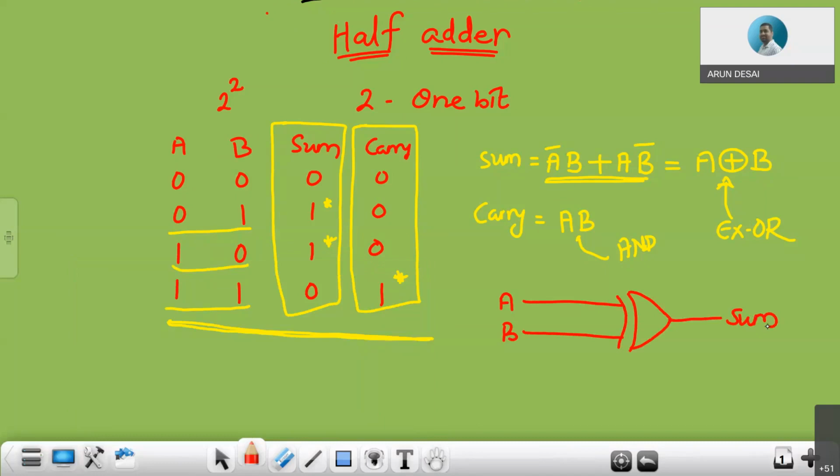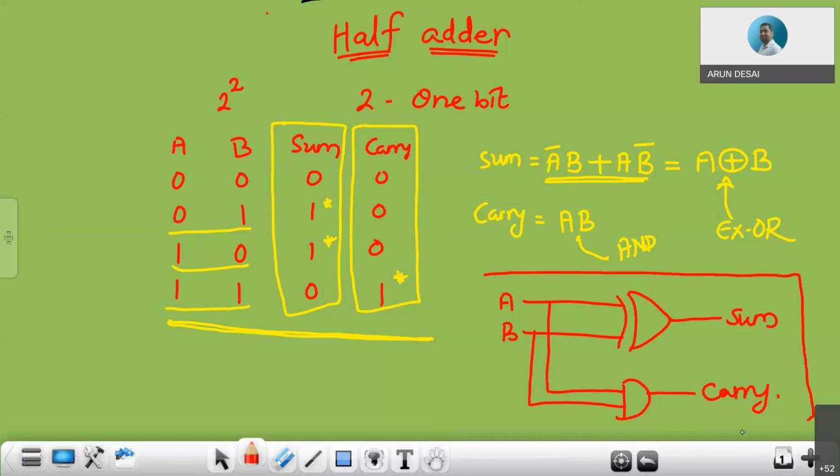And for carry, obviously A and B is given to AND gate. If both the inputs are 1, in that case, carry is generated. So this is how we can design a circuit by using truth table and expression. And this is your half adder, right?